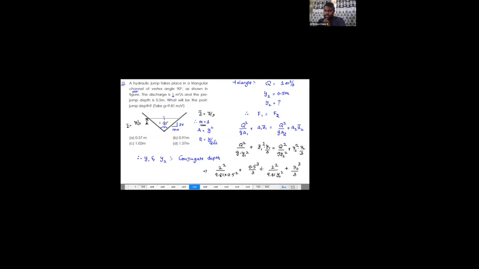Let's find out the LHS first. What is LHS? LHS is going to be 0.449, in simple words 0.45.